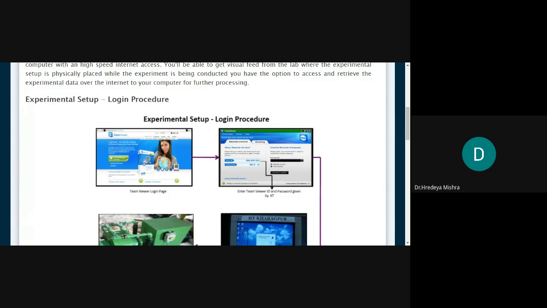I just change here. So I will show you how you log in to TeamViewer.